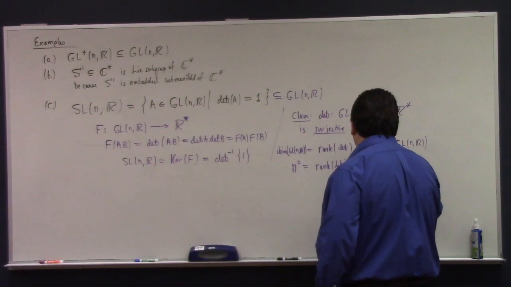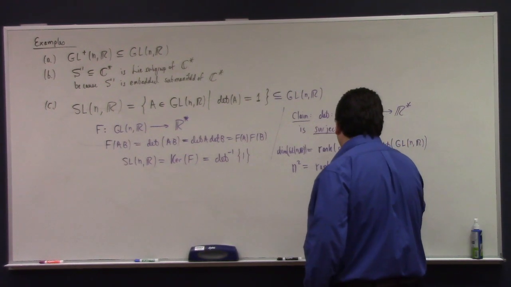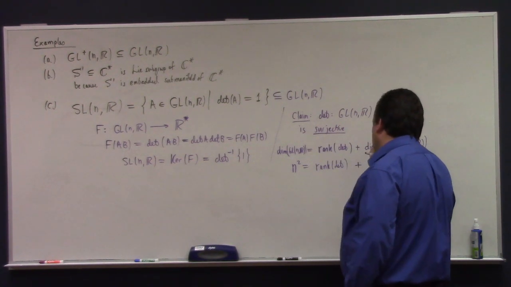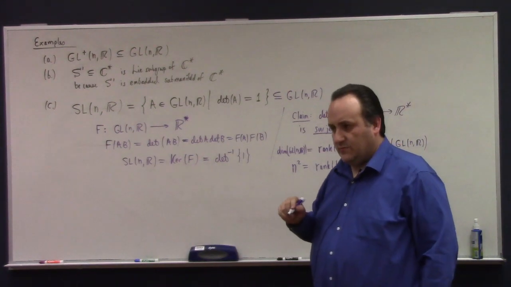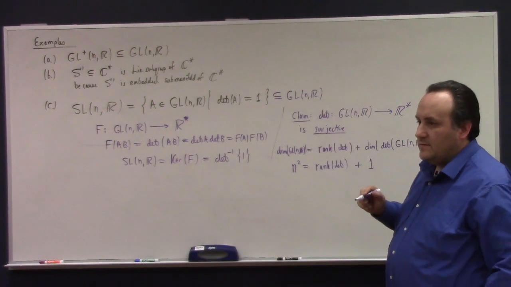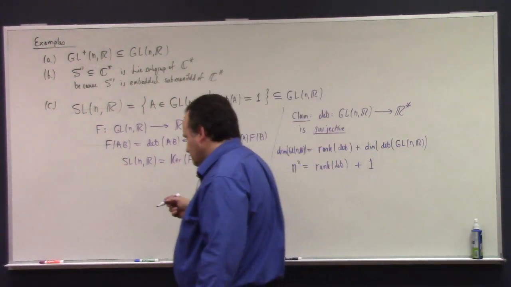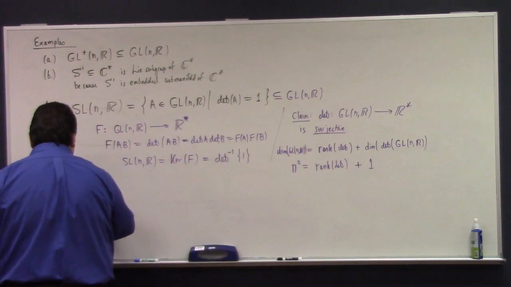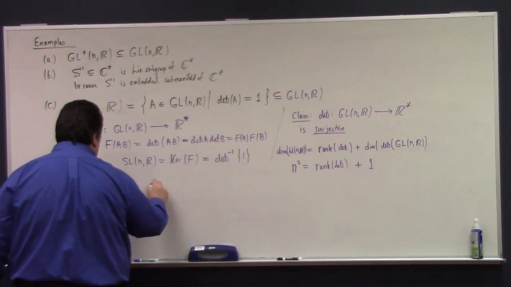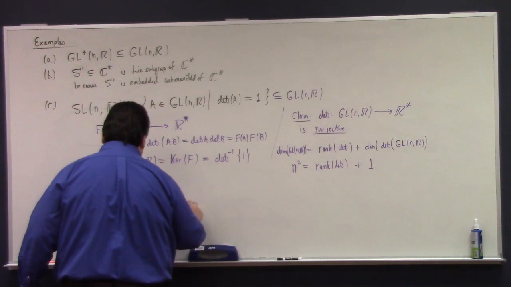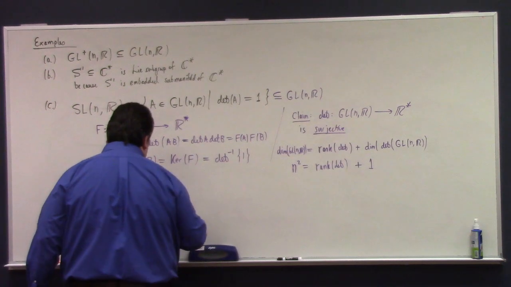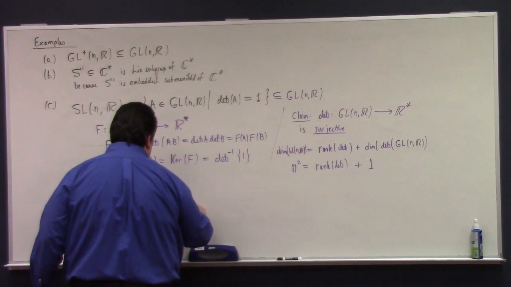And then over here, he's arguing that this is 1. Now, he hasn't really proved it. He just claims that the determinant is surjective. Can you prove the determinant is surjective? In other words, give me an n by n invertible matrix whose determinant is equal to t.